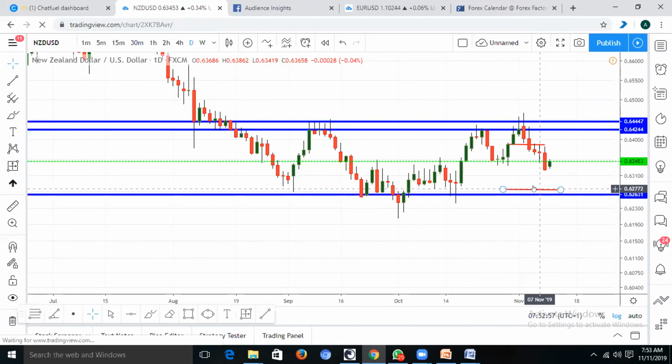Now, as we are putting our buy limit here, take the trade, buy limit. Why we are taking this trade is because, look, as at September 3rd, 2019, price came down and it went up.